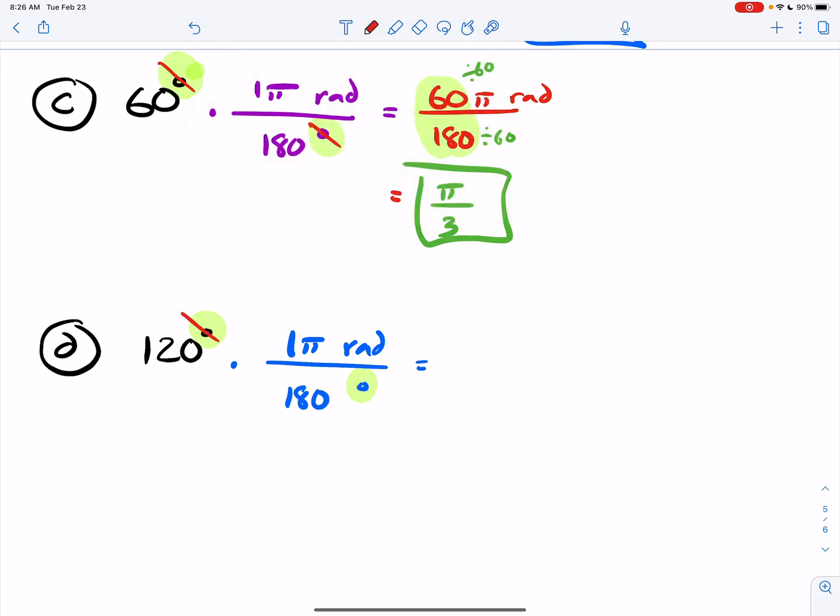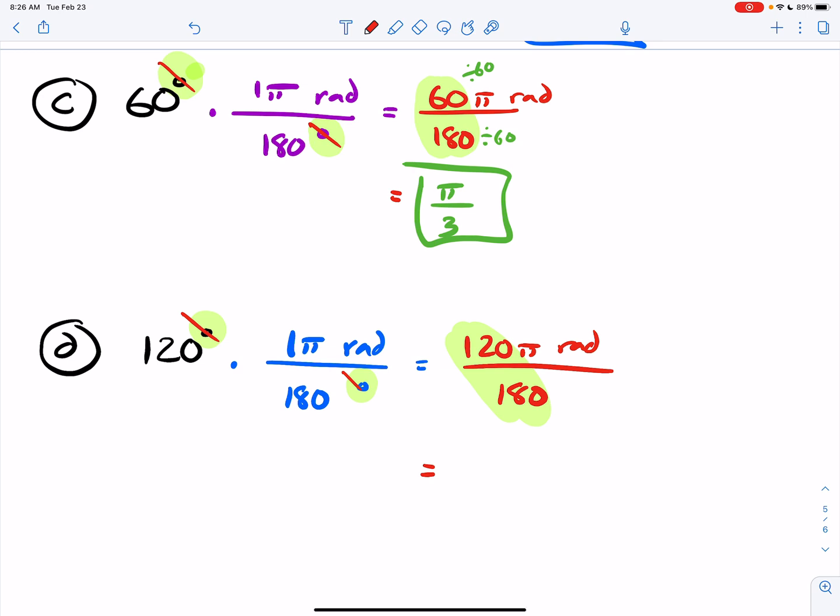Okay. That cancels out there, the degrees. You're left with 120 pi radians over just 180. Okay. Take your time here with the reducing.